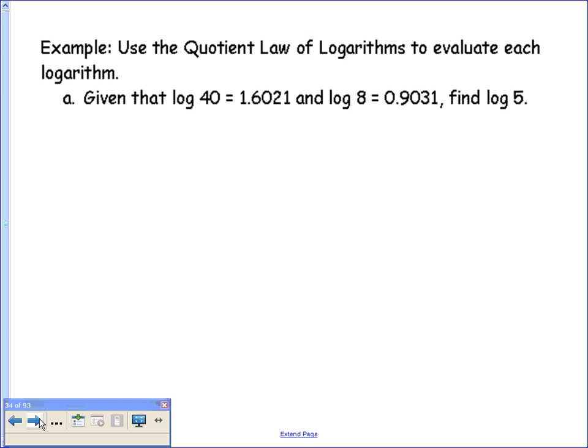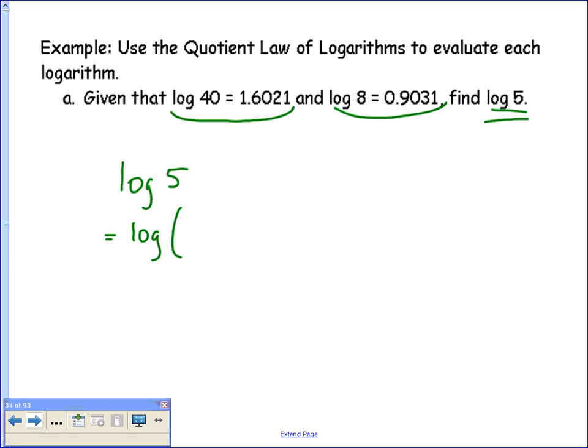Let's say we know that the log of 40 is 1.6021 and the log of 8 is 0.9031. We want to find the log of 5. I can't use my calculator, so I need to write that using 40 and 8. Well, I know that 5 is 40 divided by 8, so I'm going to use that.